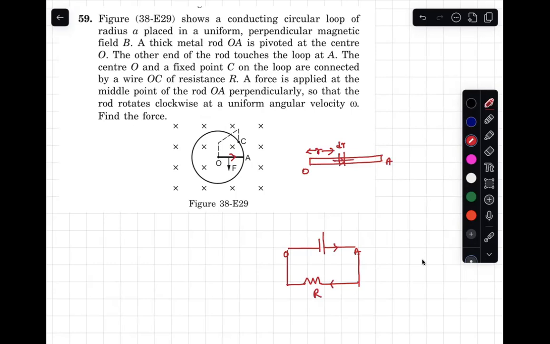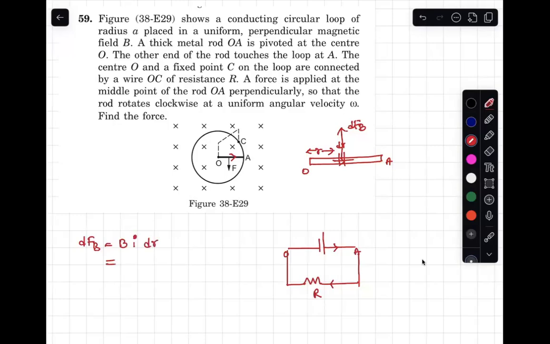Magnetics was the left hand rule; induction was the right hand rule. Inward field, central finger rightwards, thumb upwards, dF_B. Therefore, what is dF_B? dF_B is B I dl.